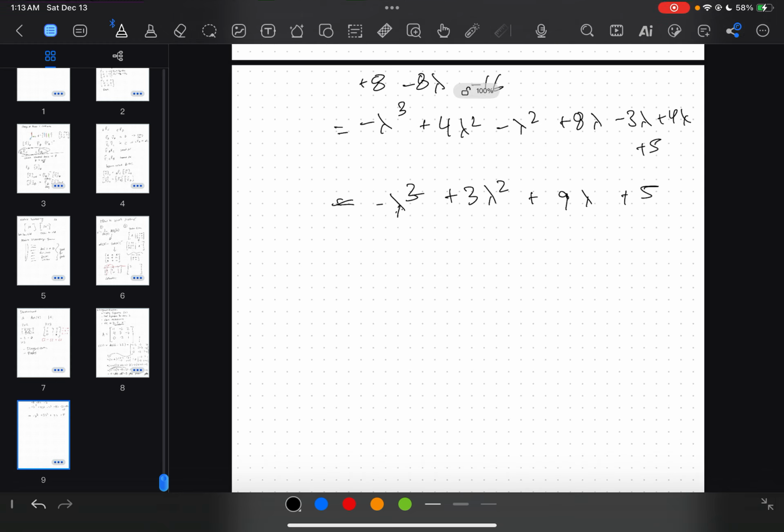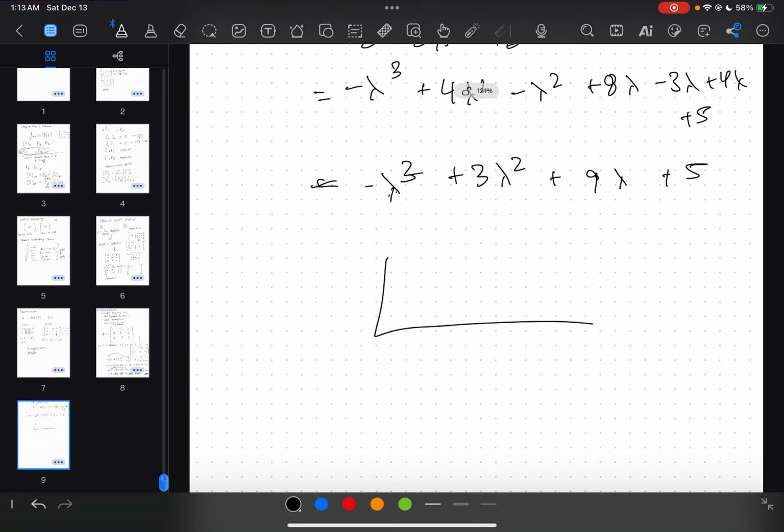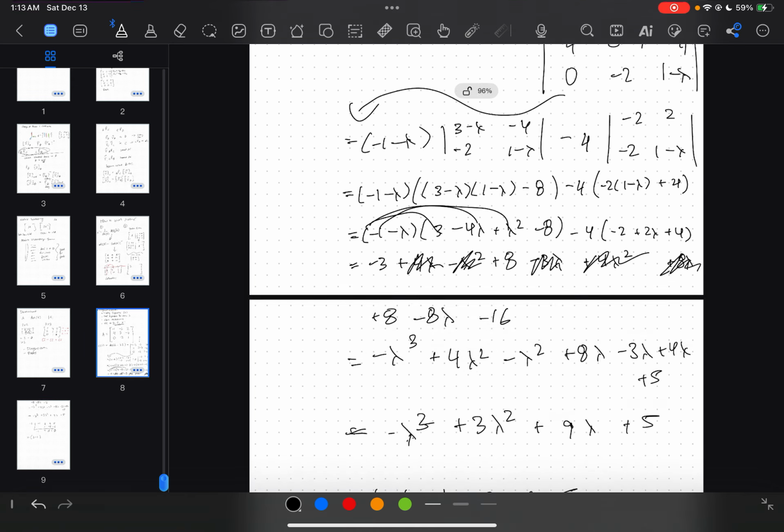And then we factor that with, like, 1, I don't know, maybe 1 is it? Minus 1... so maybe negative 1... 1, 4, minus 4, so that's 5, yeah, negative 1, 4, minus 4, 5, minus 5, 0, so we get lambda minus 1, and maybe I just did unnecessary steps.